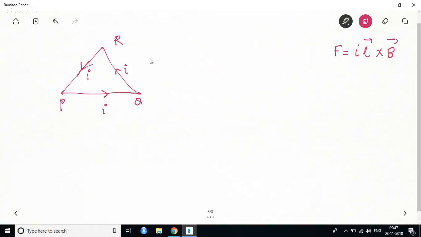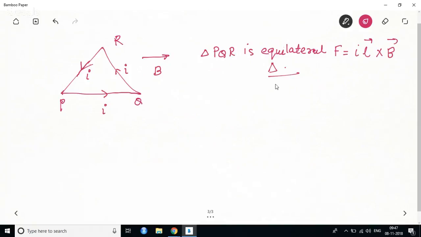So the direction of the current has been given to you. This is the direction of the magnetic field. Now what kind of triangle is it? So triangle PQR is an equilateral triangle. Is it fine?